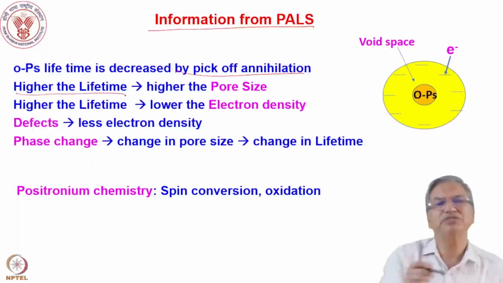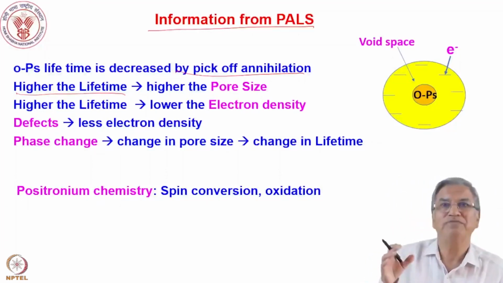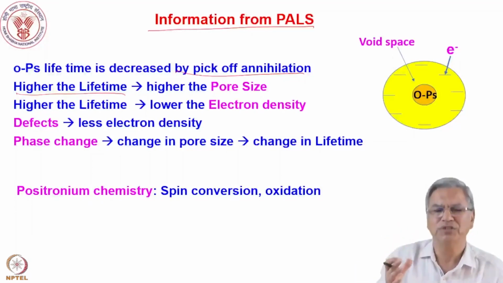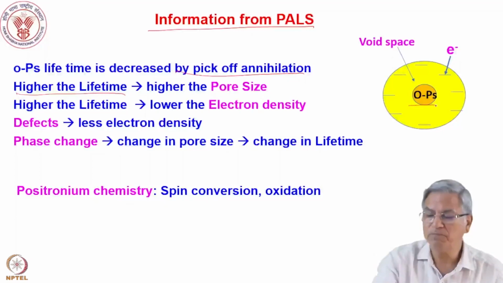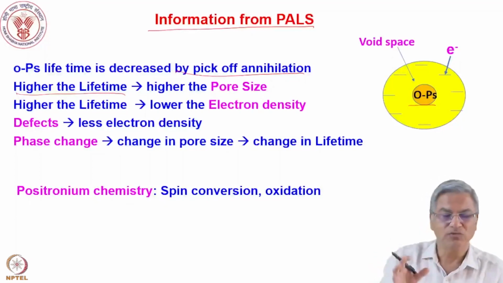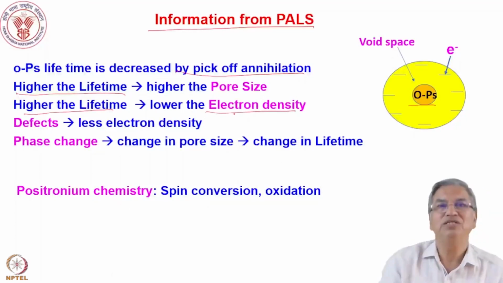So this essentially tells you the electron density. Suppose you have a zone in which there are not many electrons, the positronium will survive for more time. So the orthopositronium lifetime depends upon electron density. If electron density is high, lifetime is short. If lifetime is high, electron density is low.